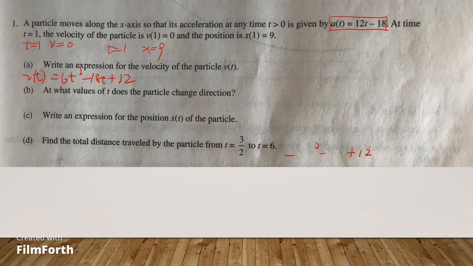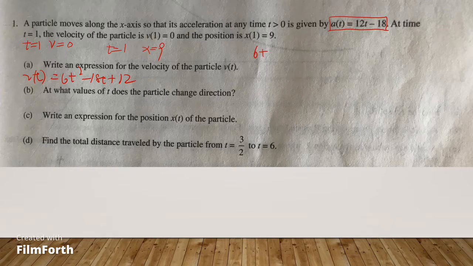Okay, next question. Question B. At what values of t does the particle change direction? So we all know when the velocity is equal to 0, the particle changes direction. So we just need to set velocity equals 0 and solve for t.